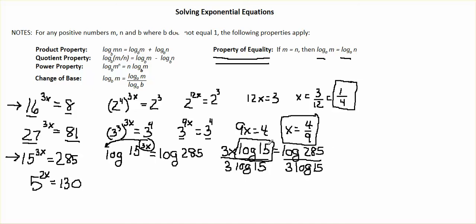Okay, so this cancels and my 3 cancels, and the only thing I have left on this side is x. And now I have log of 285 over 3 times the log of 15. We can't divide these two numbers because they're part of our log. So we can't simplify that. The best we can do is plug that into our calculator and calculate a value.